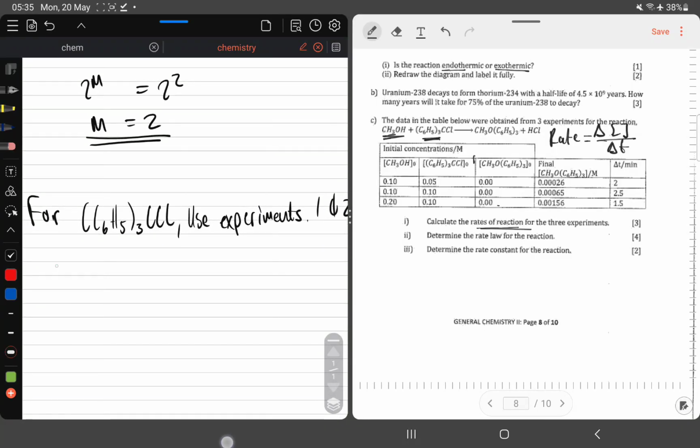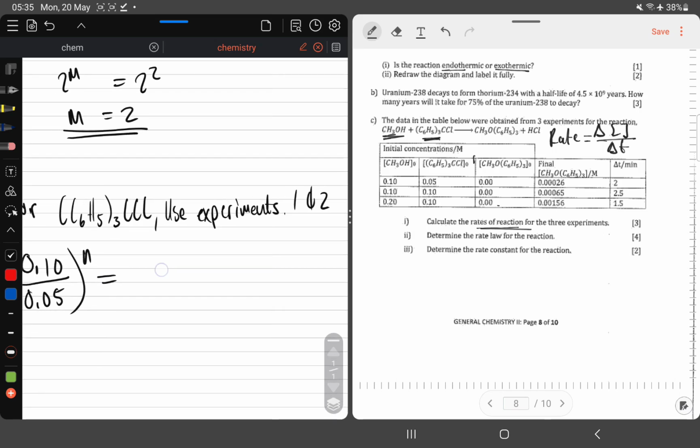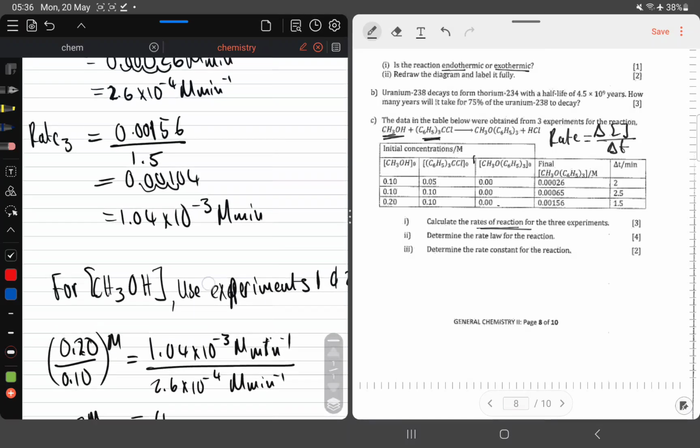So I'm going to say the concentration in 2, 0.10, divided by the concentration in 1, 0.05, to the power of n is equal to the rate in 2 divided by the rate in 1.